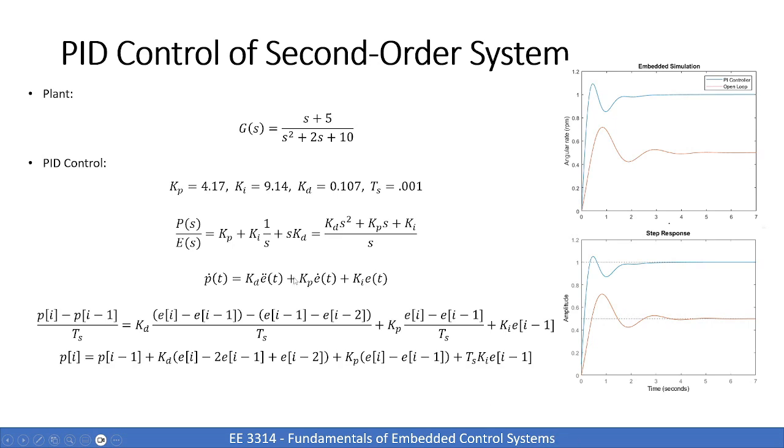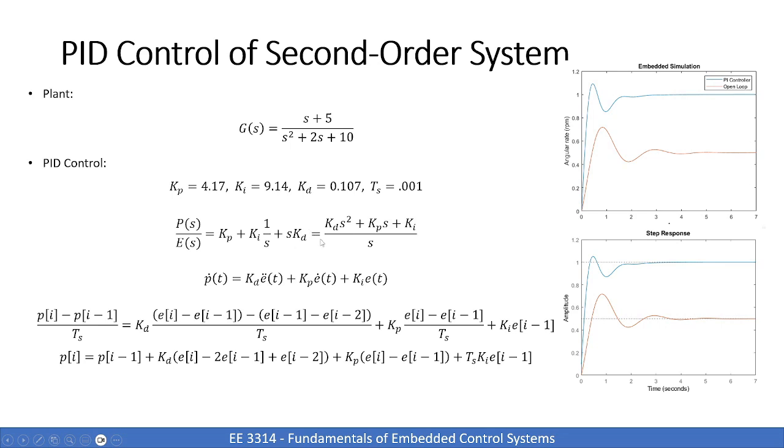Okay. All right, so when we implement that, we have this controller here, Kp plus Ki times 1 over s plus s Kd, multiplying by s squared over s, basically combining this into one fraction. You get Kd s squared plus Kp s plus Ki, all over s.